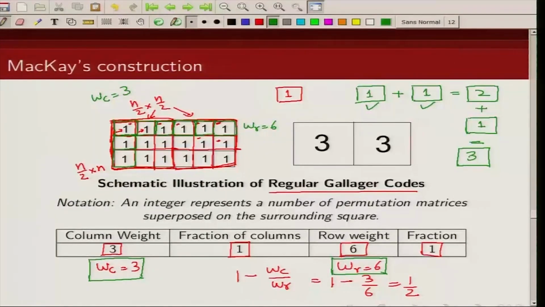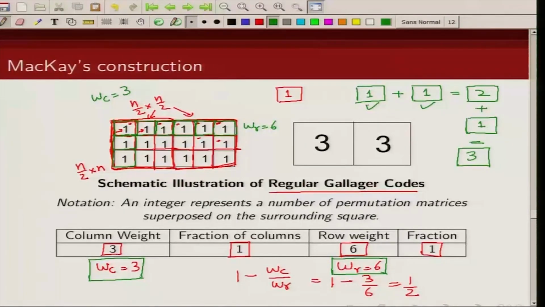So, another way of designing this LDPC code is by overlapping random permutation matrices. Please note, when I overlap them, I have to ensure that no ones get overlapped, then only will I be able to retain the weight.